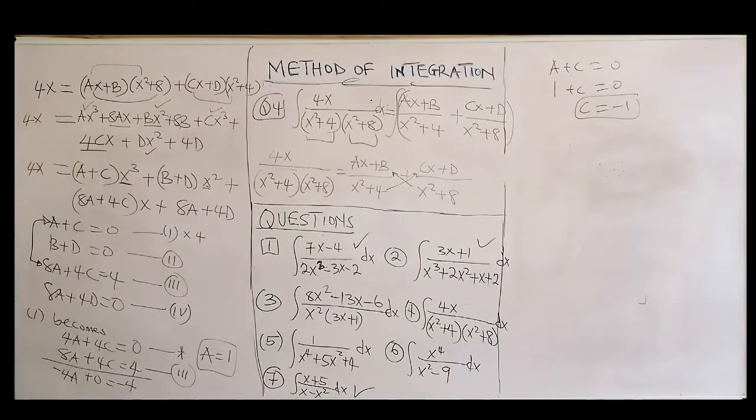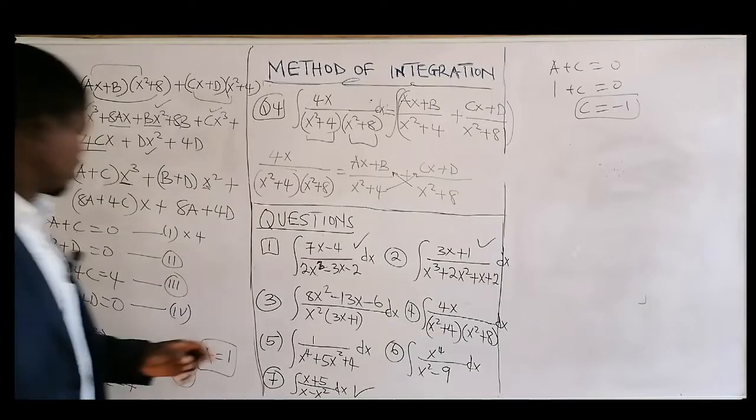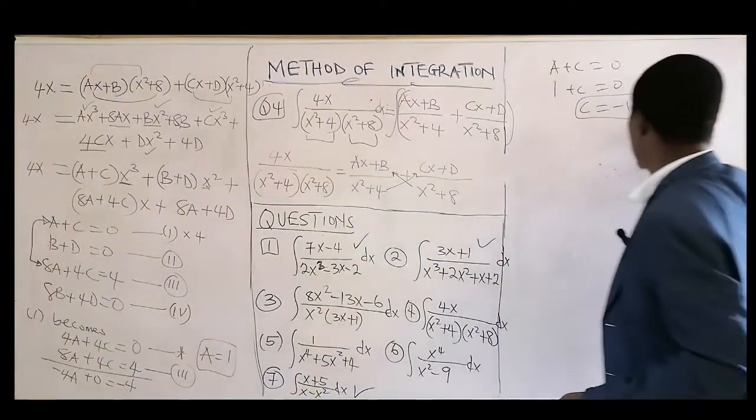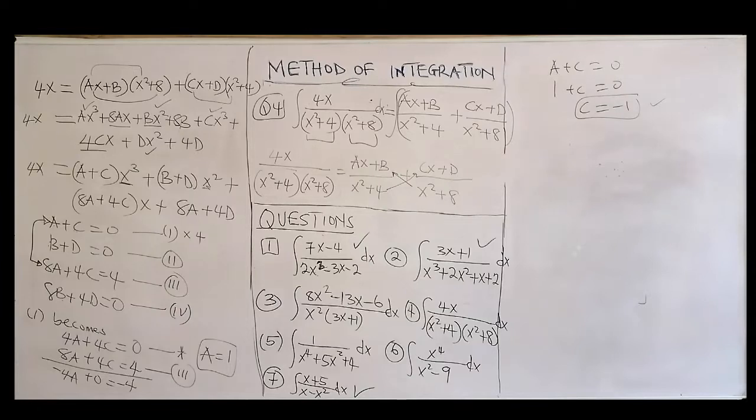So the constant terms, if you equate the constant terms, that's 8b plus 4d. So we've gotten our a, we've gotten our c. We can get b now, we can get b plus d. We don't know d yet. A and c are gotten.